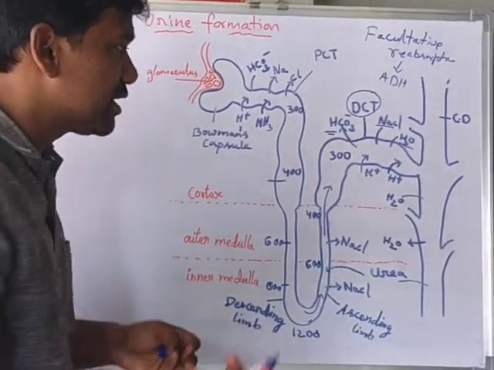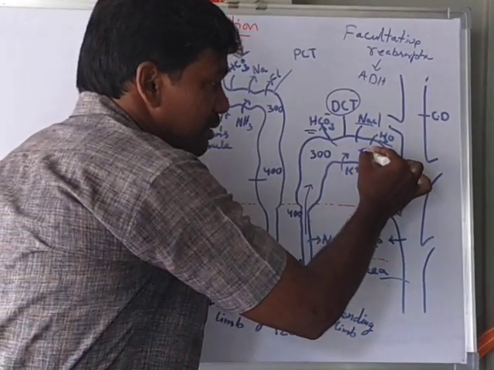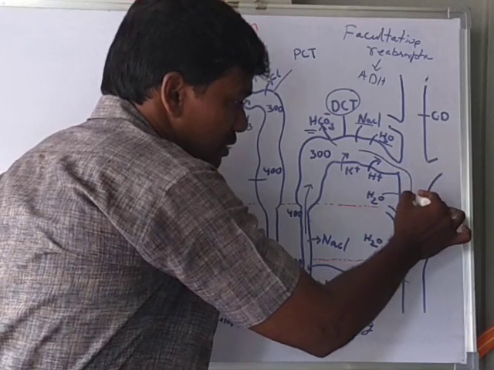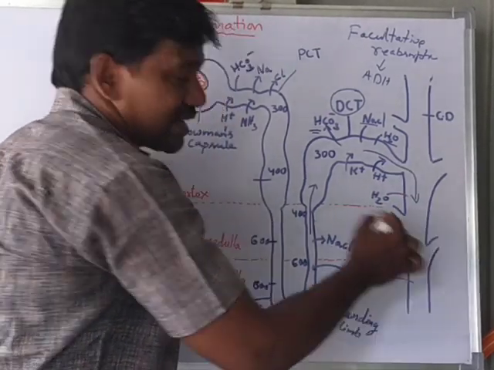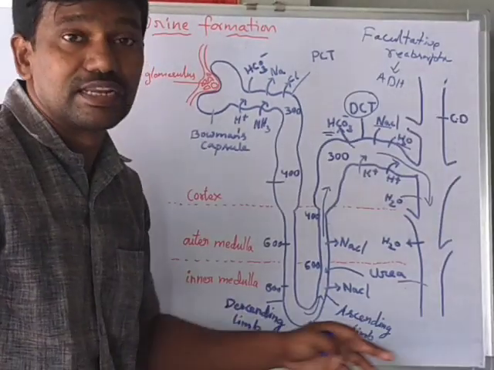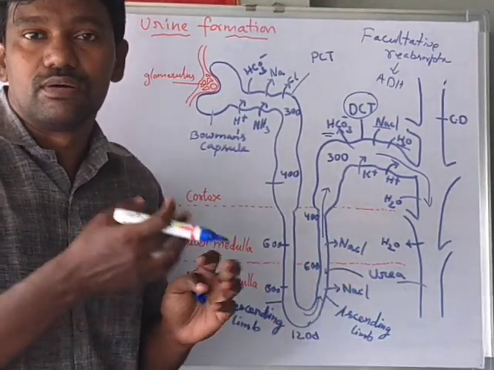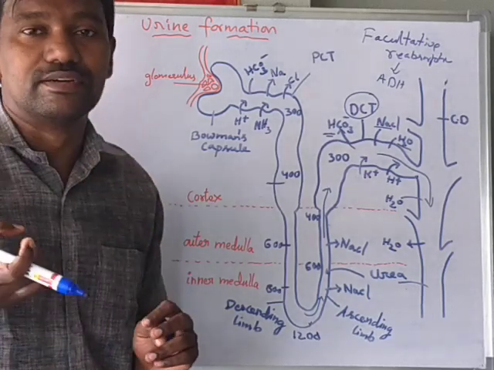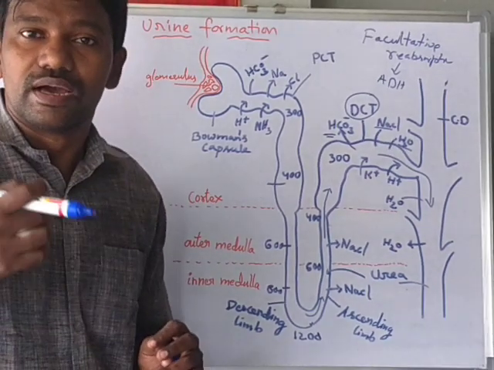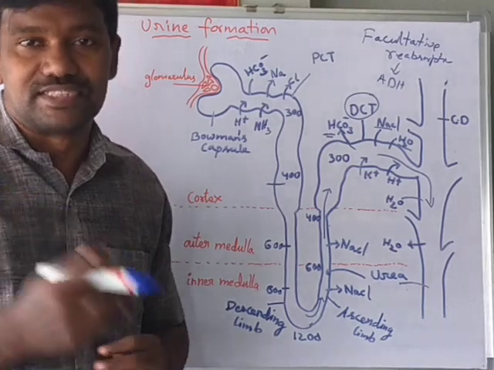Later on, this renal fluid moves into the collecting duct. Collecting ducts are long ducts that carry the renal fluid, or urine, into the renal pelvis.